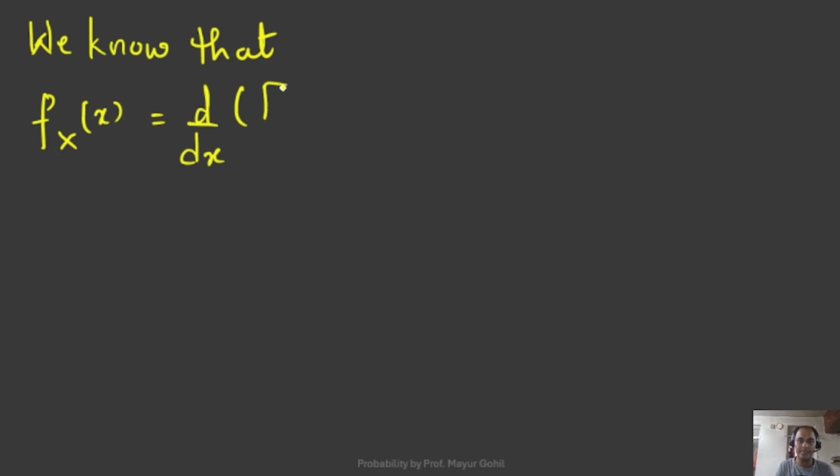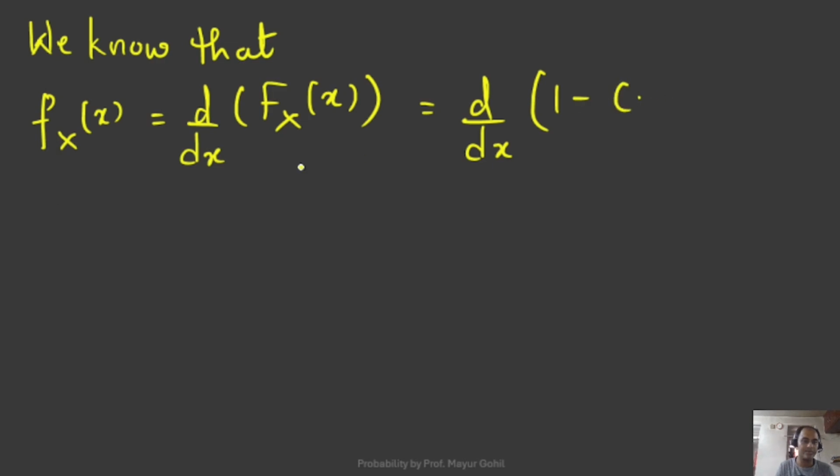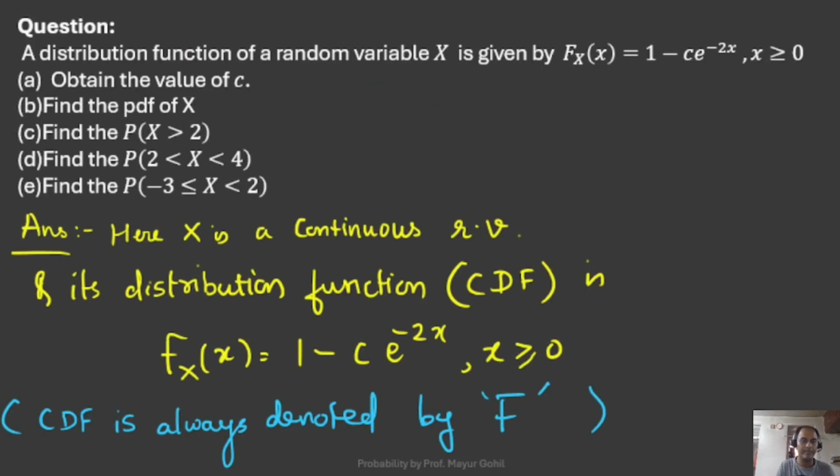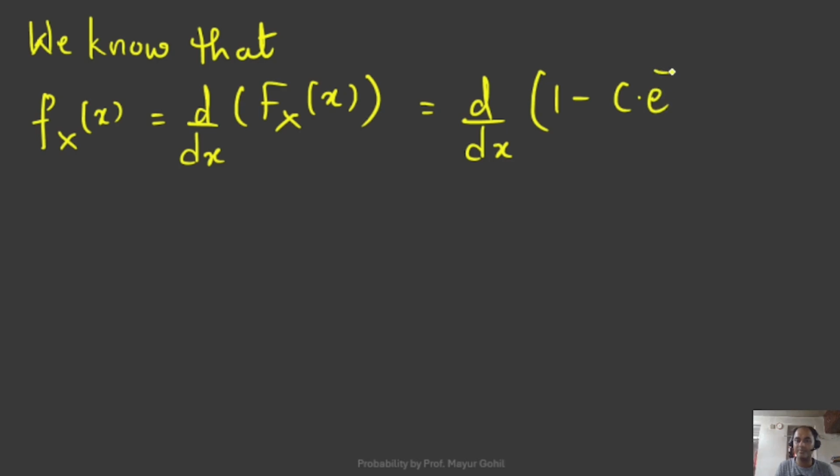So if we take the derivative d by dx of 1 minus c times e raised to minus 2x, we get 2c into e raised to minus 2x. This is the derivative we get.